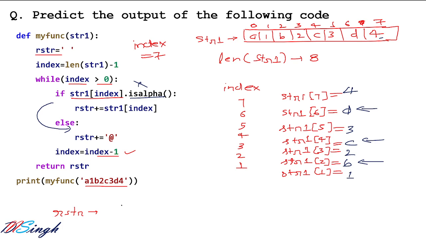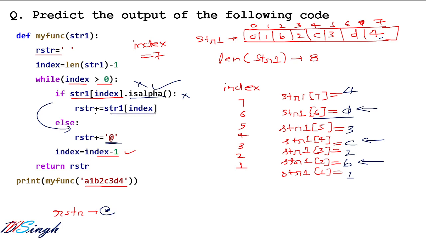First time it is going to have 4, so this condition becomes false, and isalpha returns false. So at the rate is concatenated. For the next time, d will be concatenated as it is, as this condition becomes true for the next iteration.